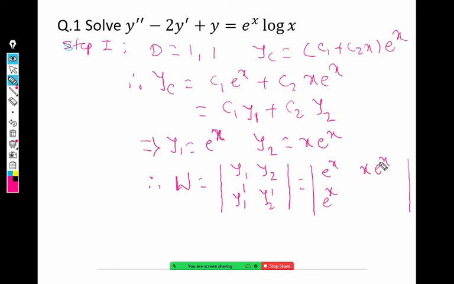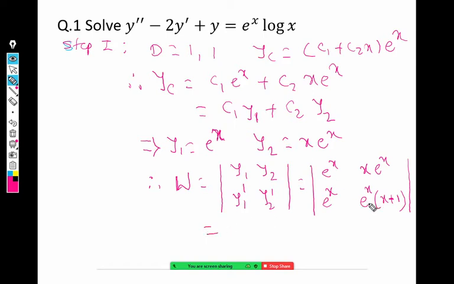What about the derivative of y2? y2 dash is x e raised to x plus e raised to x. I will take e raised to x common and write e raised to x (x plus 1). You can apply the product rule: first into derivative of second plus second into derivative of first. Now the last part, to get the value of the Wronskian, evaluate the determinant.